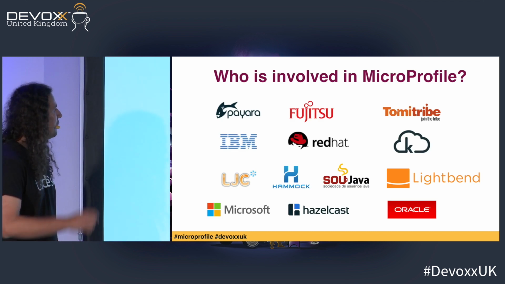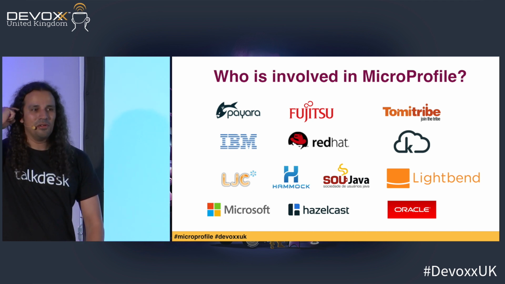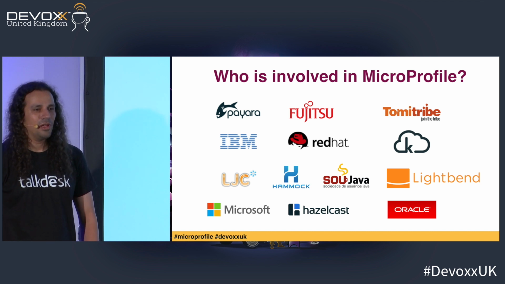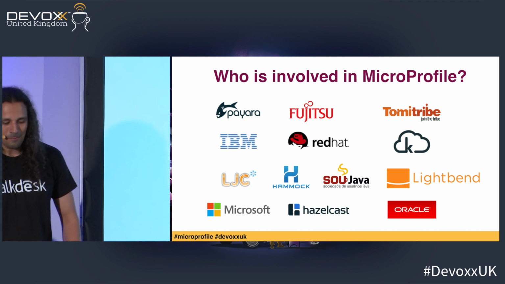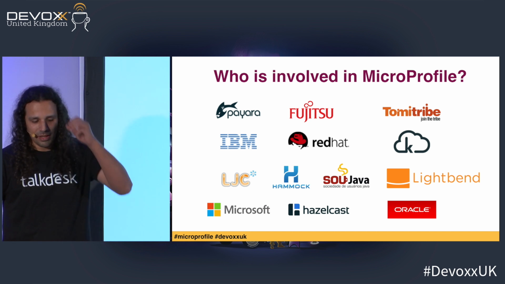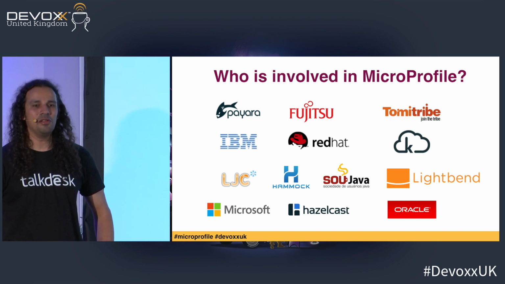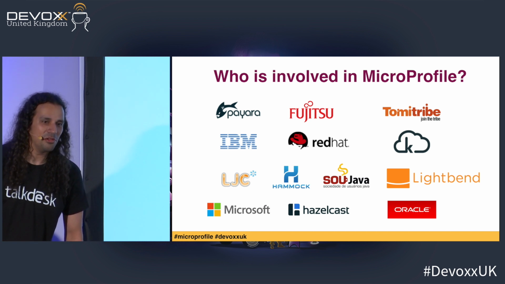Okay, so now who's involved in MicroProfile? We'll see that you have some big companies involved, like IBM, Red Hat, Oracle, Fujitsu, and Microsoft, and of course Tomitribe, which John and John Lee represent. There are also some communities involved, so the London Java Community is also involved.